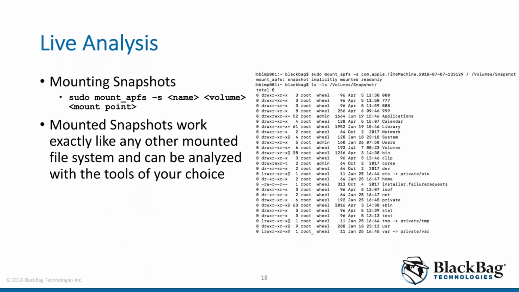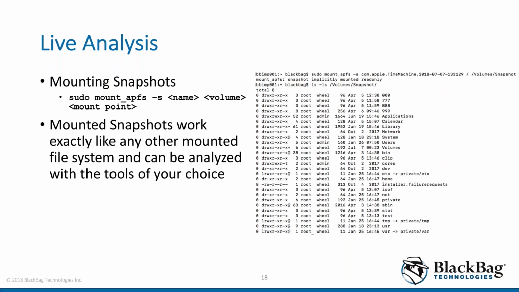So to analyze these on a live system, you can use the mount_apfs command. You're going to need root privileges here, so your account needs to be in the sudoers group. So you would run sudo mount_apfs and then -s, which says you want to mount a specific snapshot.